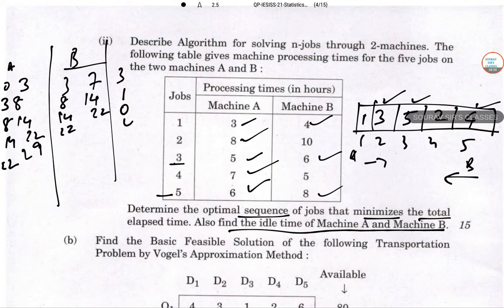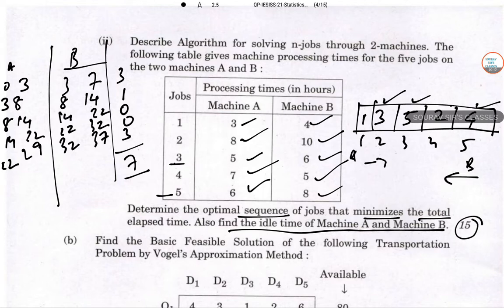So this time also 22, no idle time, and it enters at 22, finishes up with job number 2, which is 32, and it enters at 32. And this time the total timing will be 32, and the last job is 4, so 37. So 3 hours idle time, and here it's finishing, so 3 plus 3 is 6, 7 hours is the total idle time.